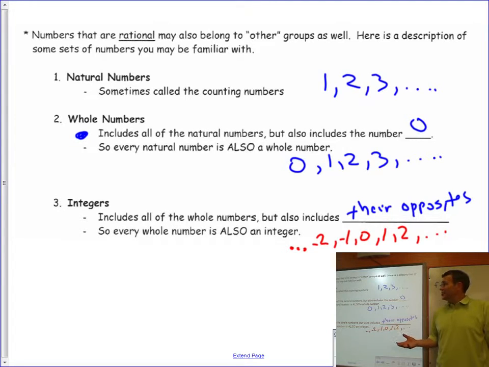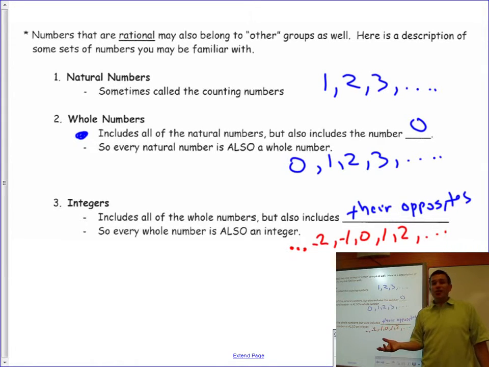So if you take a look at a number like the number -2, -2 is just an integer, but it's also a rational number because I could write it as a fraction. You know, it's a terminating decimal. The number 0. 0 is not a natural number, but 0 is a whole number, and it is an integer.